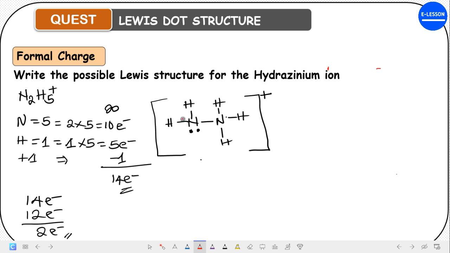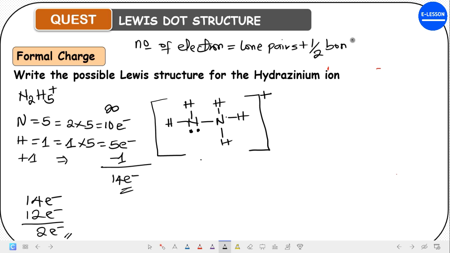Now, what do I mean by how many electrons nitrogen is bringing? The number of electrons that nitrogen is bringing is equal to the number of lone pair electrons, right? Plus half of the bond pairs.